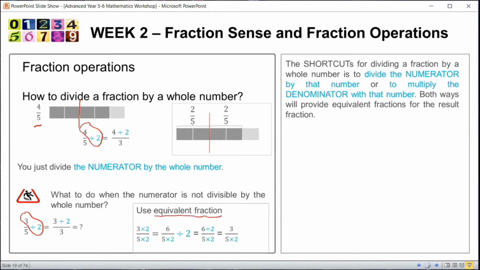So you times the top and the bottom with 2. Now, don't try to annotate. It's all right. So here you have 6 out of 5 times 2. So you get to that stage. Actually, I think I made a bit of a mistake there, because that should be divided by 2 there.